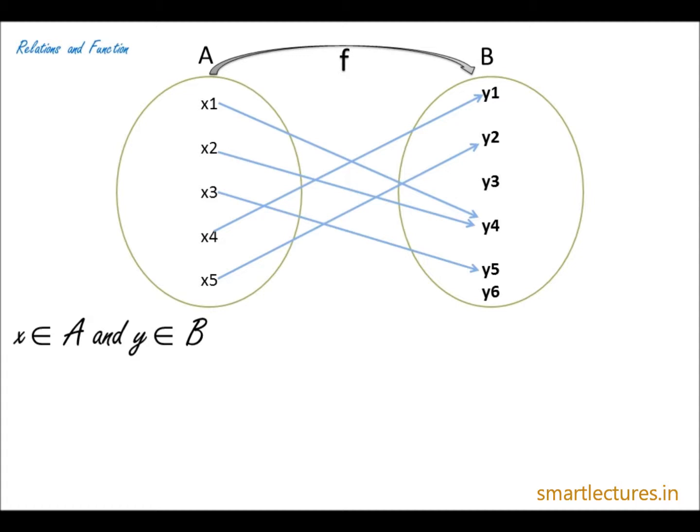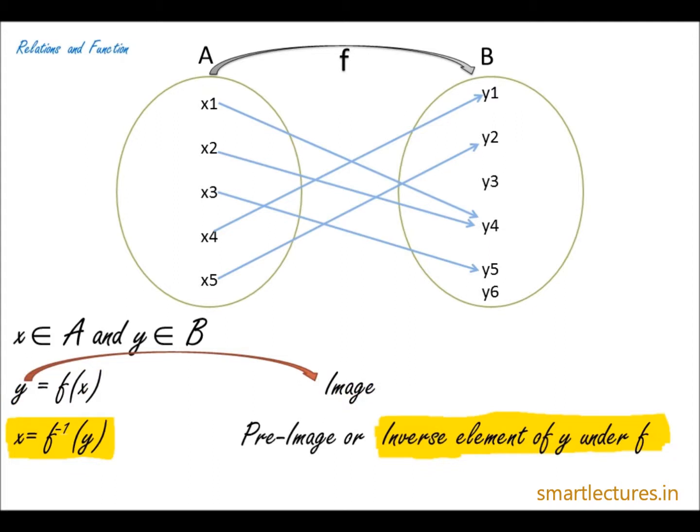Now also remember, you have already studied that the elements y in the set B are called the image of the elements x in set A, or we write it as y is equal to f of x, where y is called the image of element x in set A. And also the element y is associated to some element x in set A, and this element x is also called the pre-image of the element y, and this is what is also called the inverse element of y under the function f.